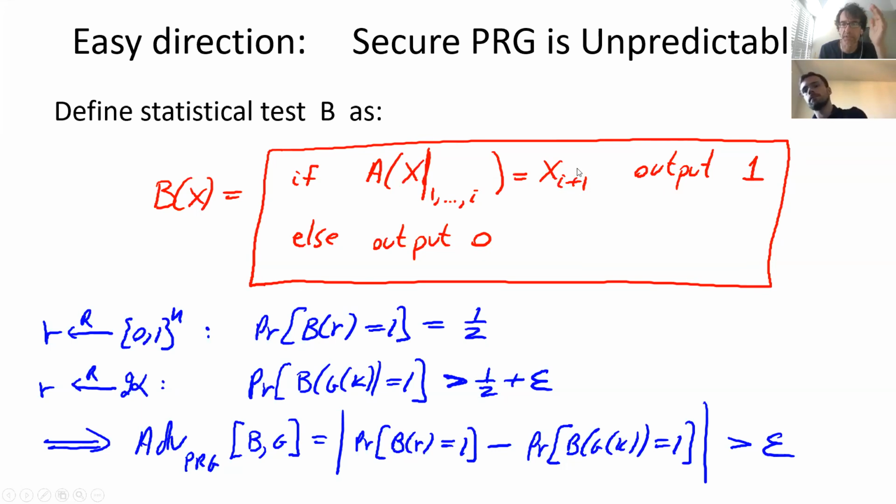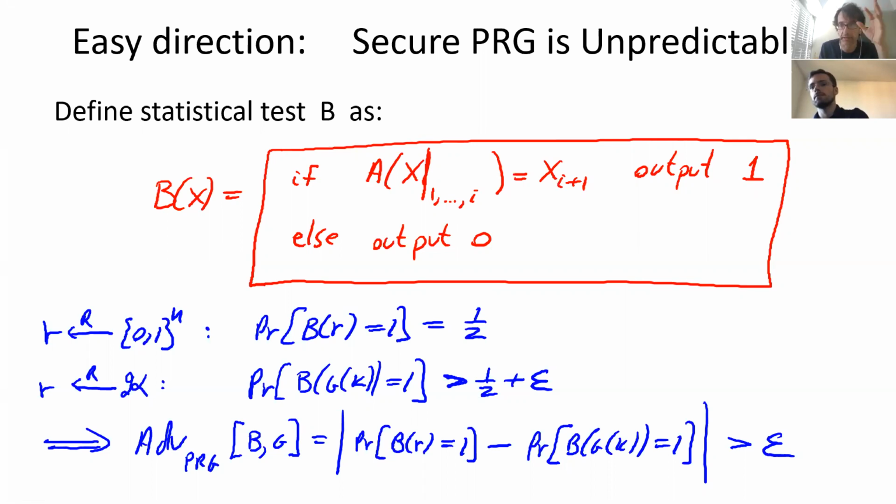So regardless of what A does, the true (i+1)th bit of a random string is going to equal this output with probability exactly 1/2, unless A outputs something that's not even a bit.